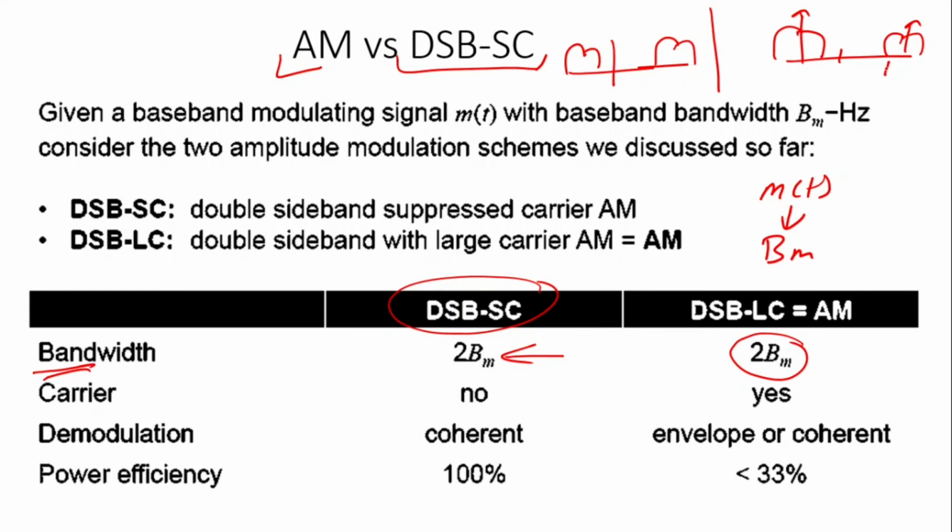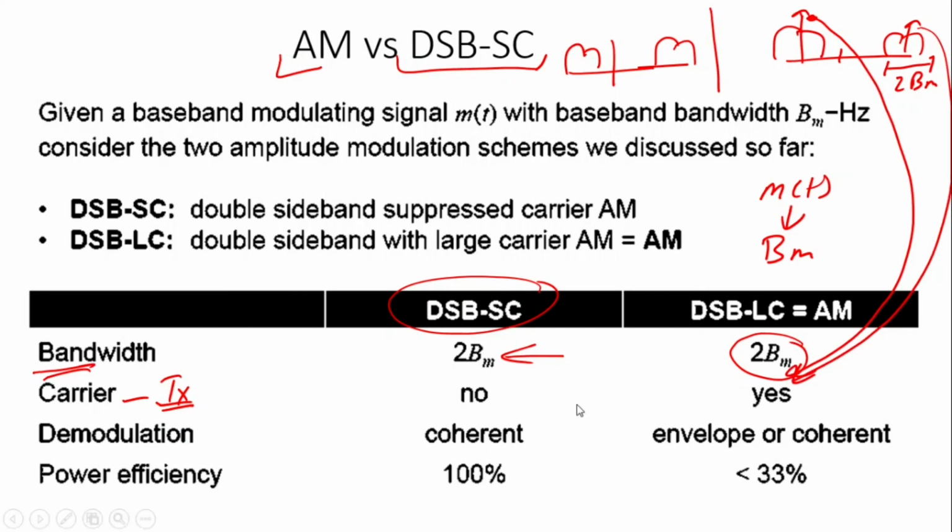So the overall bandwidth remains the same, that is 2 Bm. So the carrier at the transmission, we do have this carrier available in AM and in DSB-SC we don't have that.